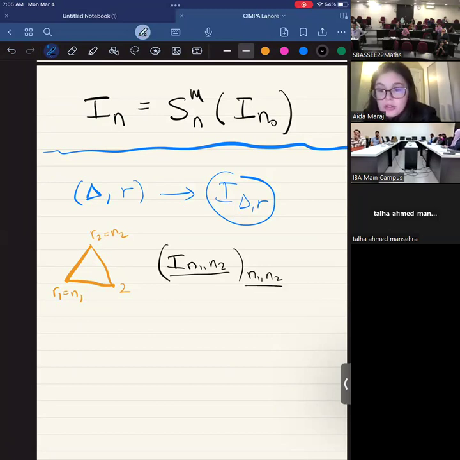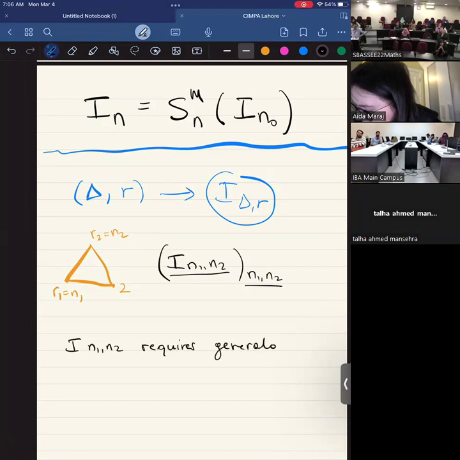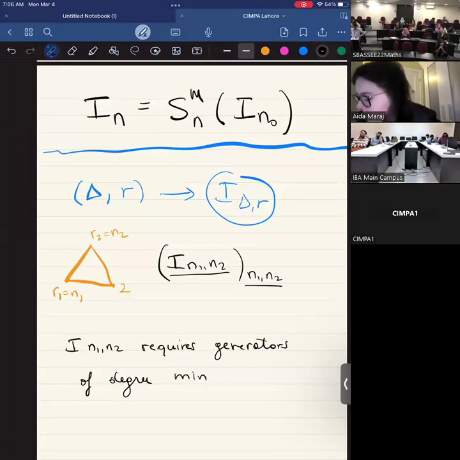One idea is that the ideal I of N1, N2, and 2 requires generators of degree a minimum of 2 times the minimum of N1 and N2, assuming N1 and N2 are greater than or equal to 2.